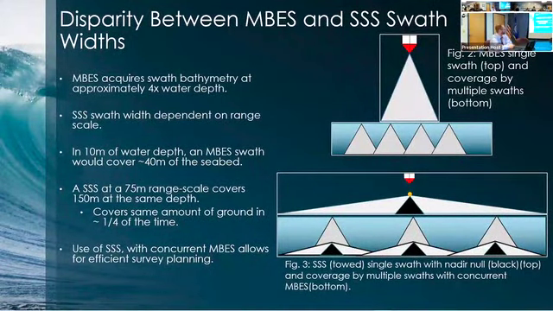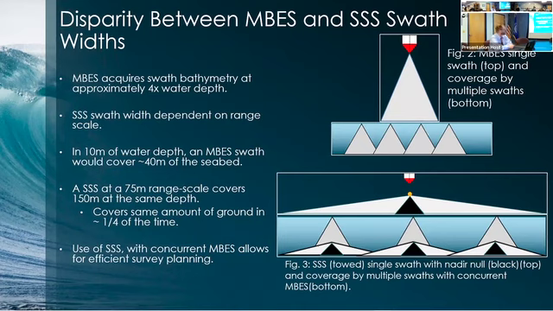What I wanted to show was the difference in the multi-beam and Sidescan, just the physical characteristics of the beams. The top image is a typical multi-beam swath, the single swath, and then 4 lines of multi-beam.